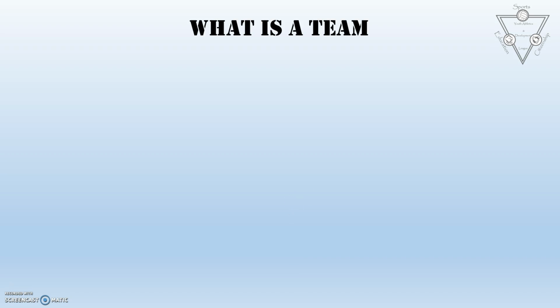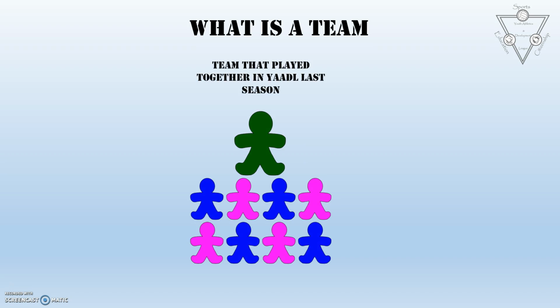First thing is what is our beginning point for a team? As far as this video goes, we're going to have three basic beginning points. The first being a team that played together last year.